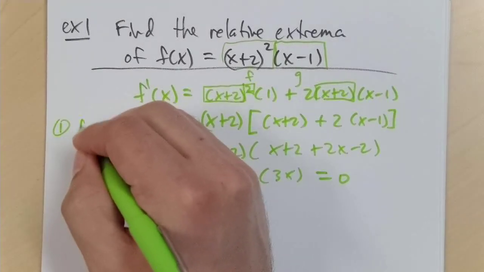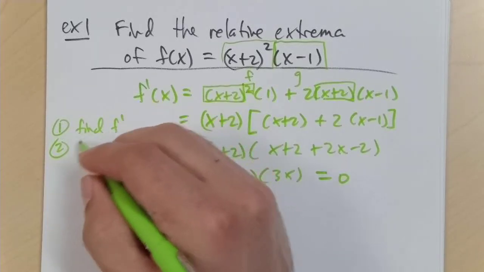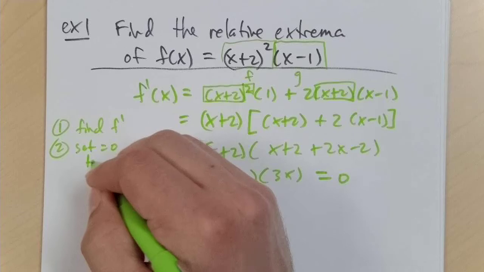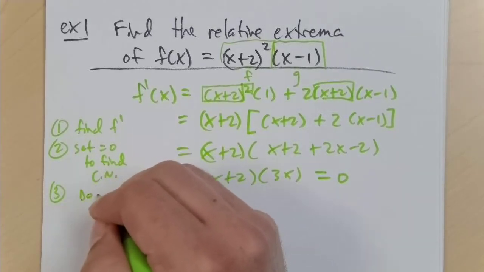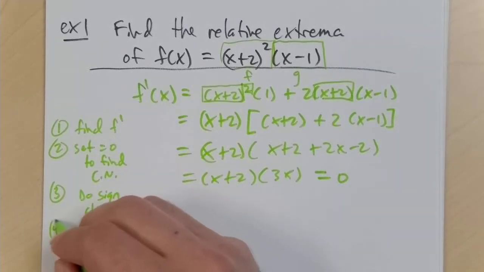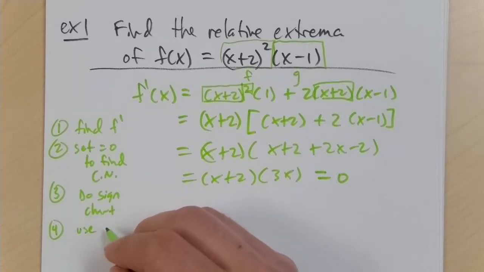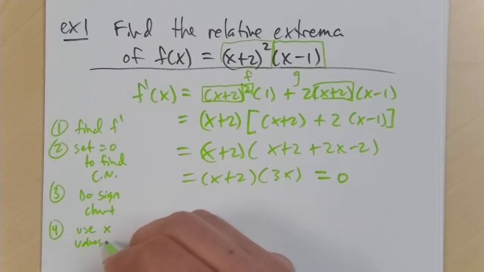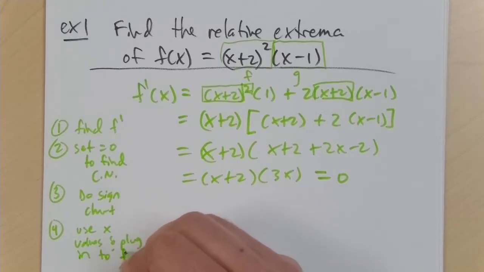So first, we find f prime. Second, set equal to 0 to find the critical numbers. Third, do a sign chart. Fourth, use the x values and plug in to the original function f if necessary.